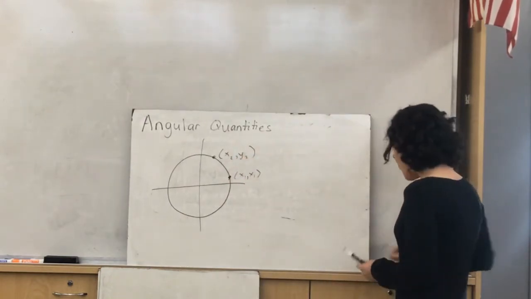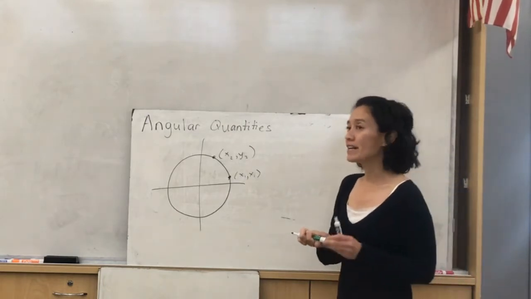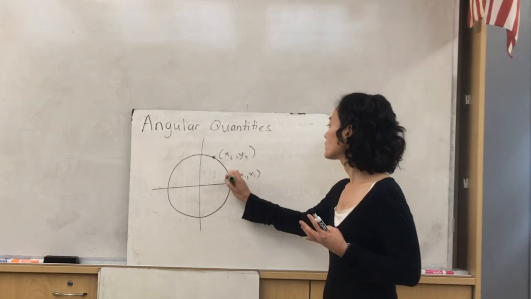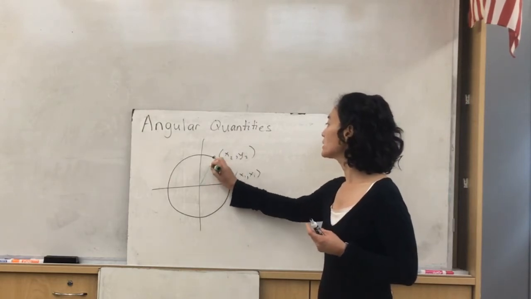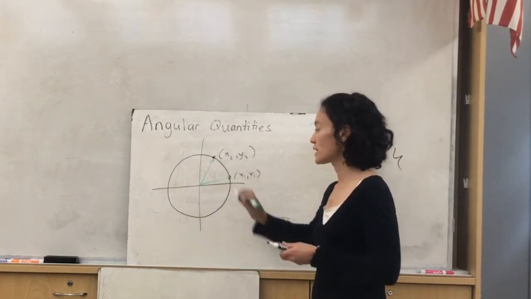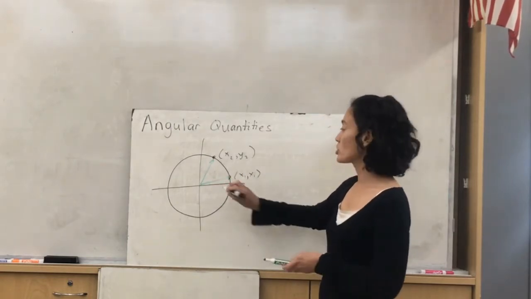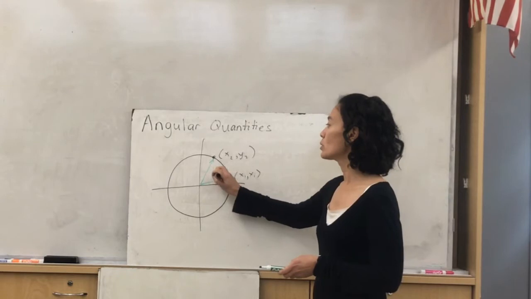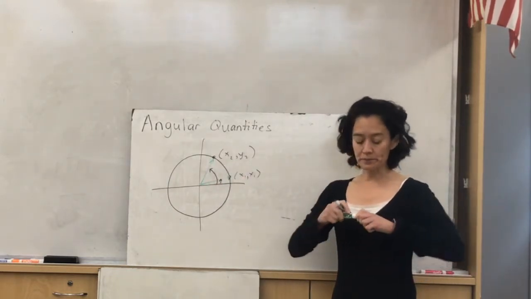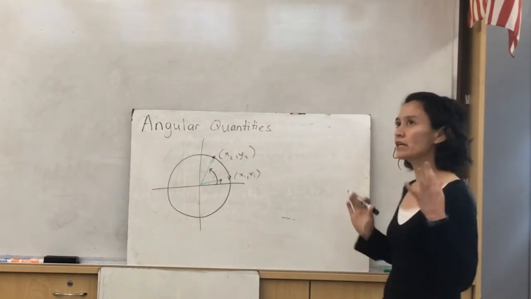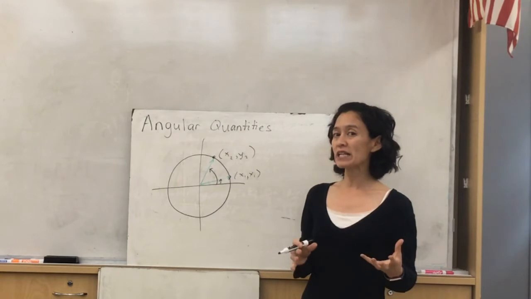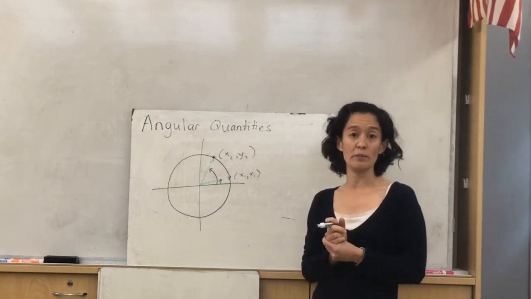If instead I looked at it from an angular viewpoint, if I were to go from here to here, my radius isn't changing in this case, but my angle is changing. I'm going from this theta value to this theta value. So angular or circular movement is easier to look at from a theta perspective than from an x and a y perspective.